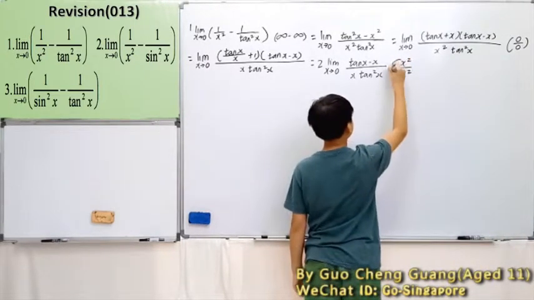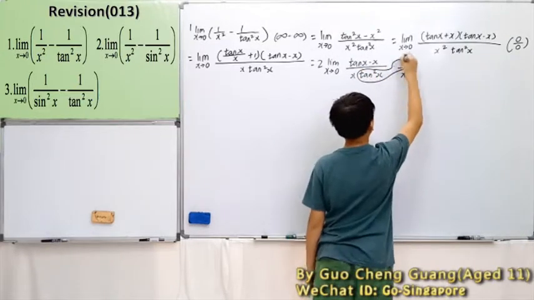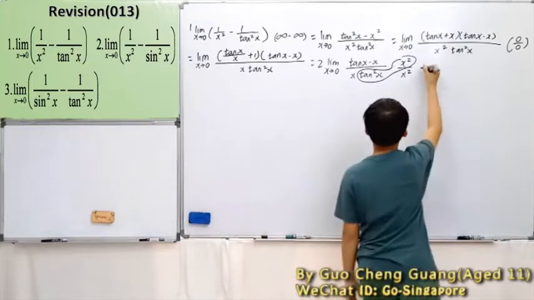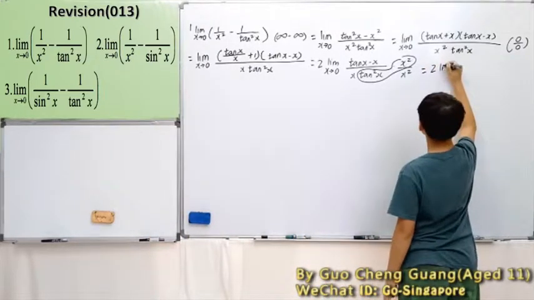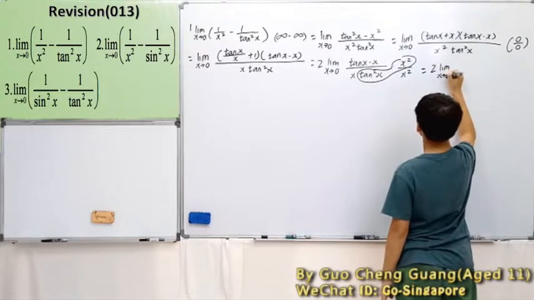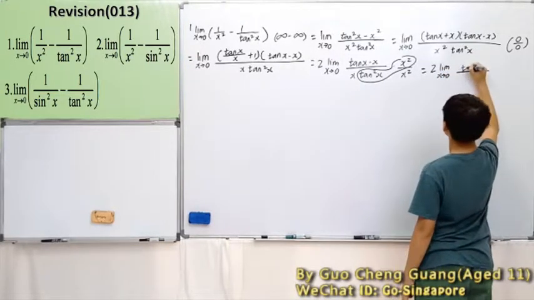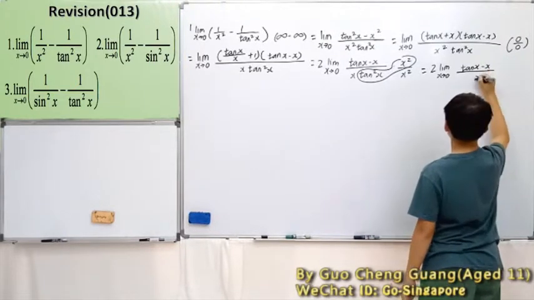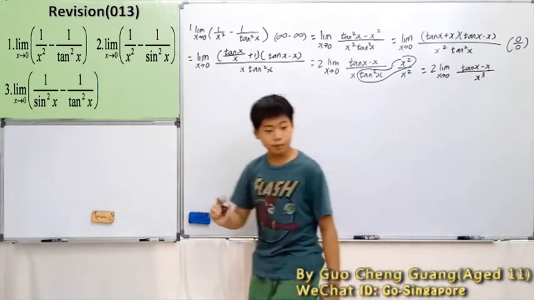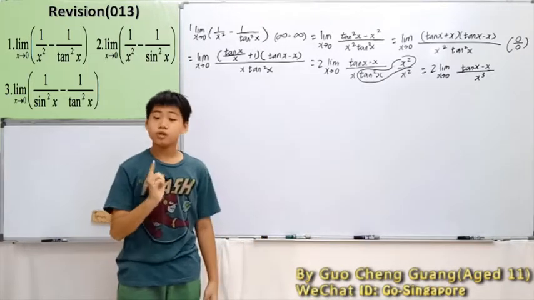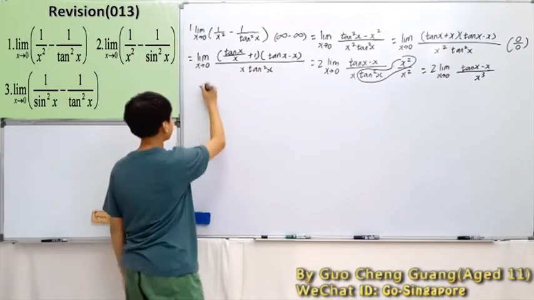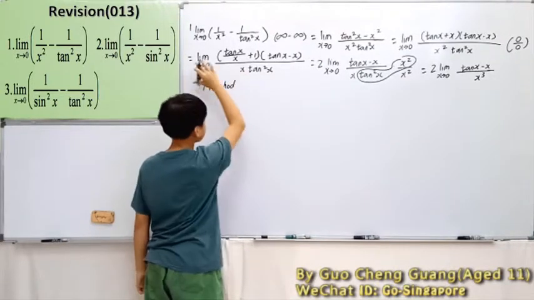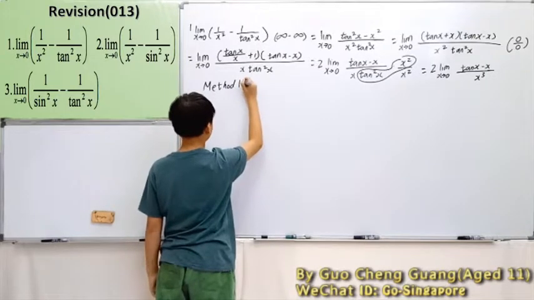Now this part, you'll realize it becomes a 1. So we don't have to write that down anymore. Then we have tangent x minus x, over x cubed. Now at this part, we can separate it into 2 different methods. Both methods, this first part is all the same.